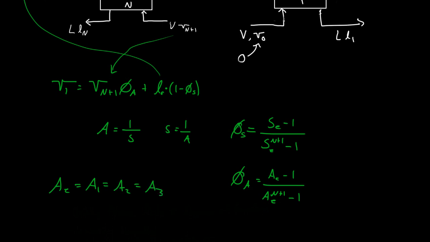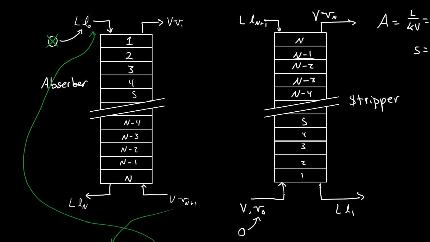And that's based off of the assumption that L, the total flow rate of the liquid, does not change through each stage. So L going into the top is the same as L coming out. The flow rate of the liquid into the column is equal to the flow rate of the liquid out of the column. You assume that it doesn't absorb a lot of fluid.